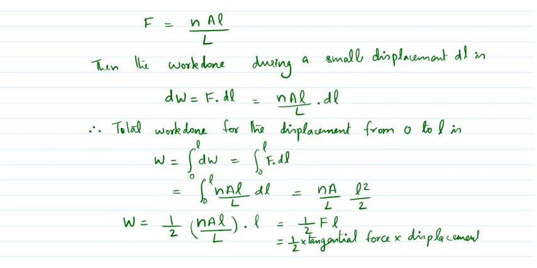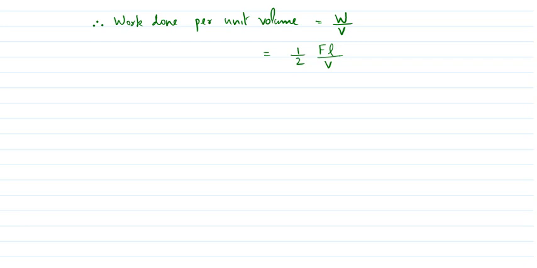This is another equation for work done. Now we will find out the work done per unit volume. So work done per unit volume will be W by V, and it will be equal to half into F L divided by V. Okay, so let's do some arrangements here.